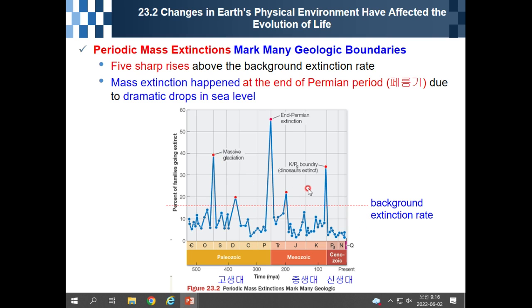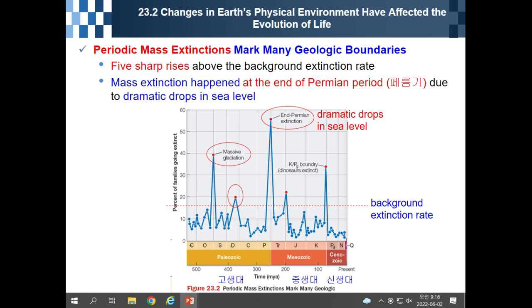And there are five sharp rises where extinction happens. For example, at the end of the O period, there was massive glaciation, so a lot of organisms died, and there was also another mass extinction.